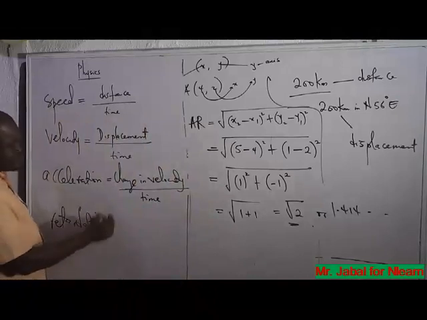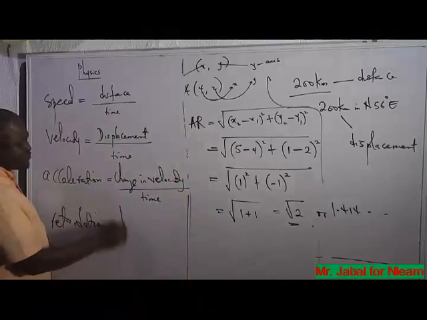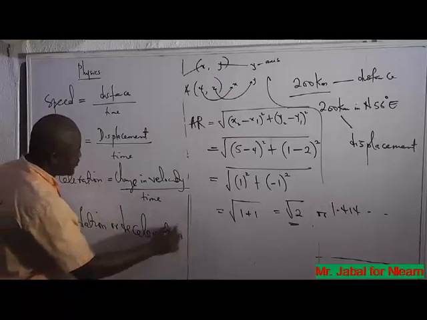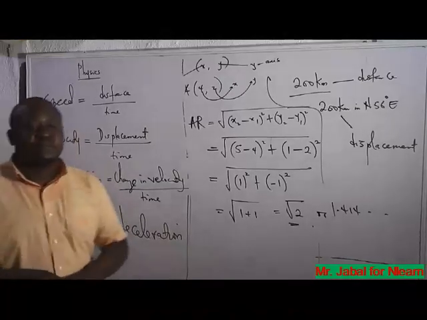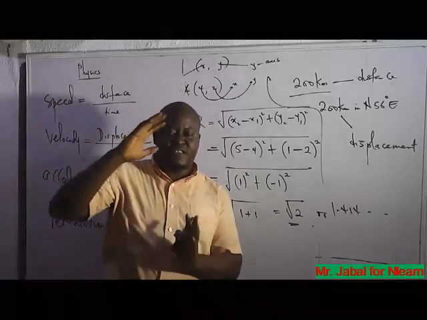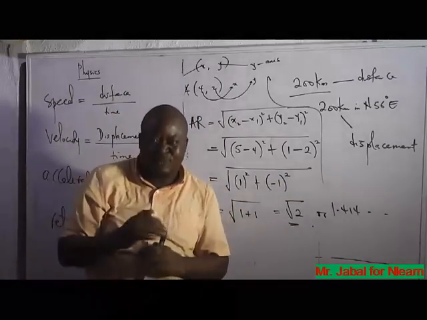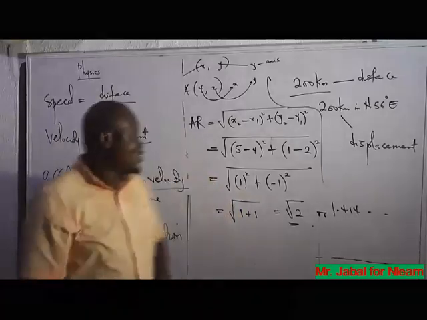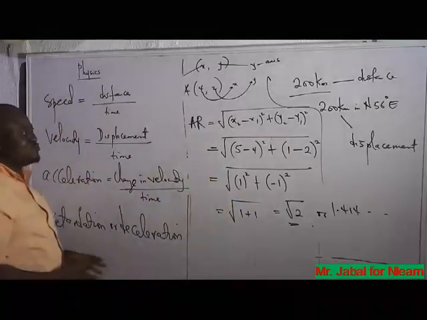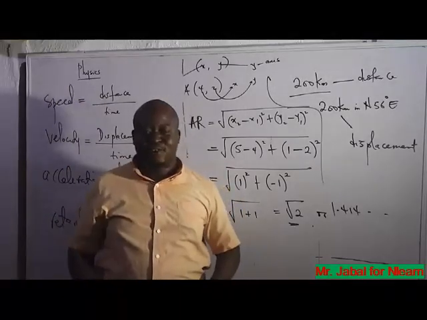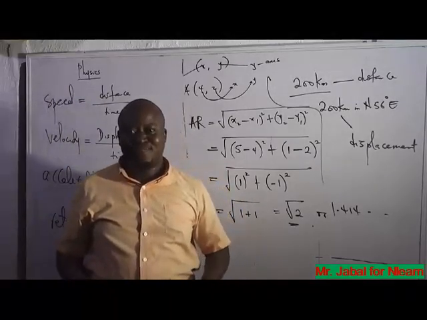But retardation also has another name. It's also called deceleration. So when the velocity increases with time, acceleration. The velocity decreases with time, deceleration. So these are the terms used to describe motion. Thank you very much. And that will be the end of this particular class.